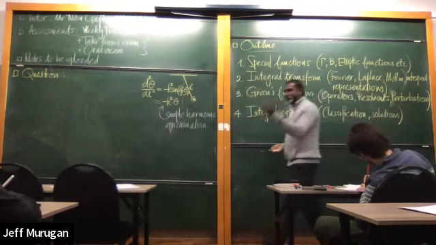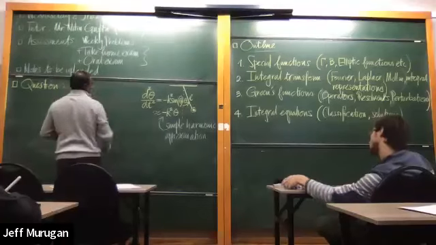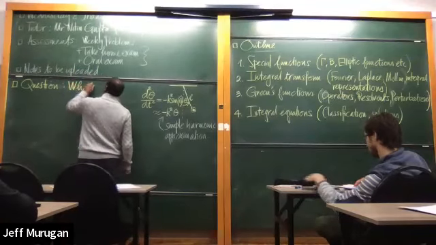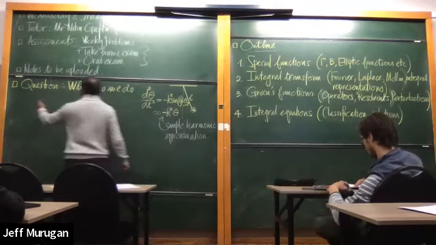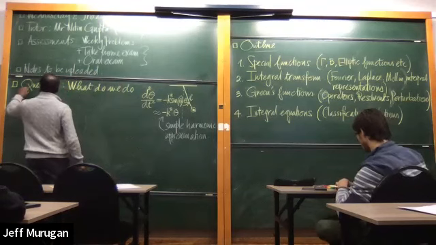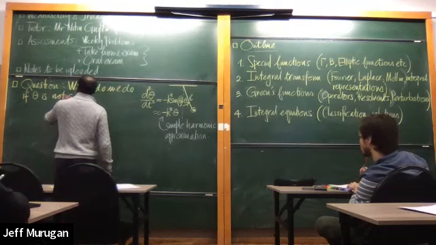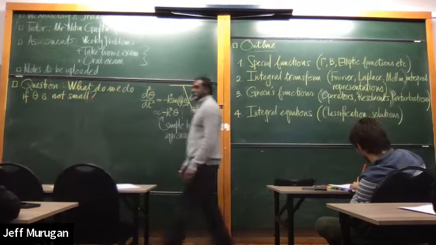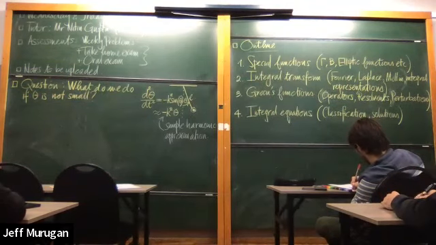The question that I would like to leave you with, the question that we're going to get to in a little bit, is very simple. What do we do if theta is not small? How do we solve this equation if theta is not small?